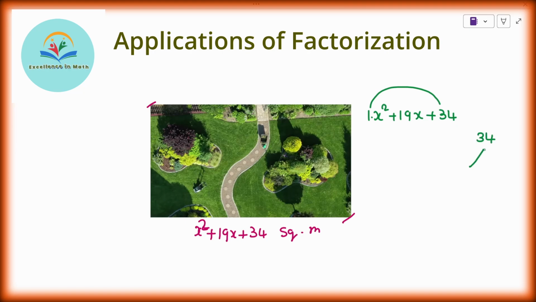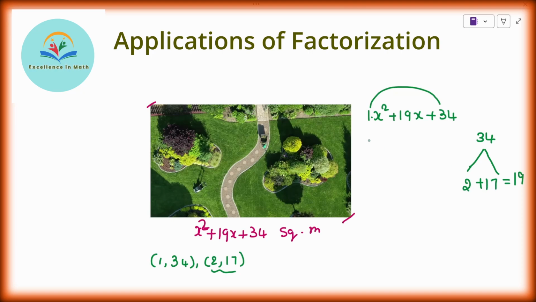Now, by splitting the middle term, we need to find the factors of 34 whose sum is 19. So let's write the factor pairs for 34: 1 times 34 is 34, and 2 times 17 is 34. Yes, of course, we got the factor pair, that is 2 and 17.